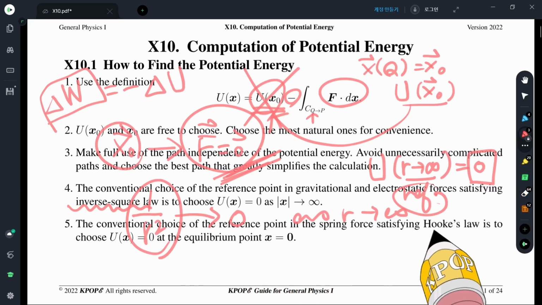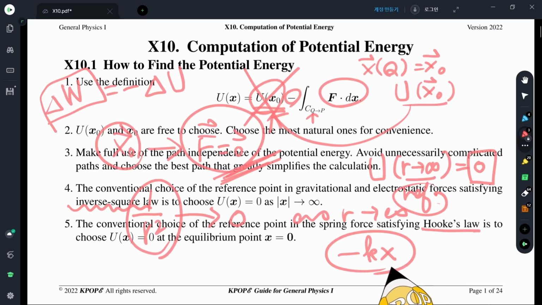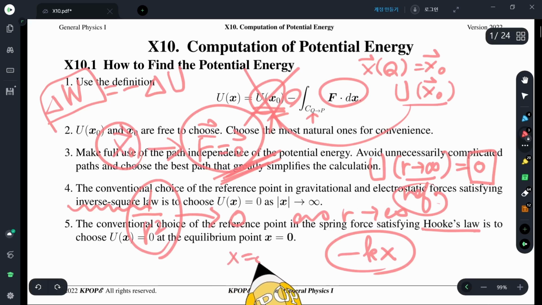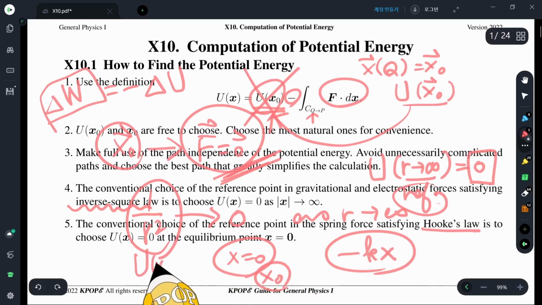If we have Hooke's law, the force on a spring is proportional to the displacement from the equilibrium position, and usually x equals 0 is chosen to be the reference point x0, and the value of the potential energy at x equals 0 is chosen to be 0. But it doesn't have to be 0, it is just for convenience.